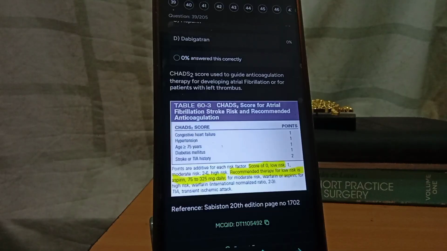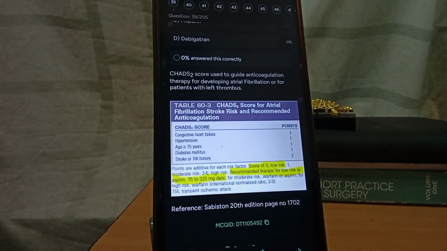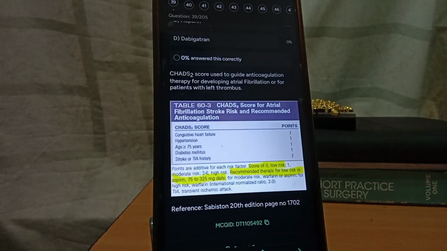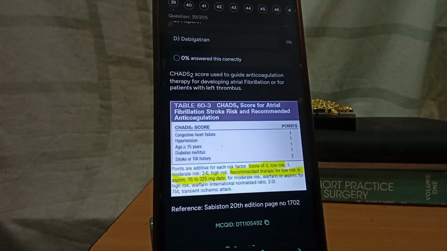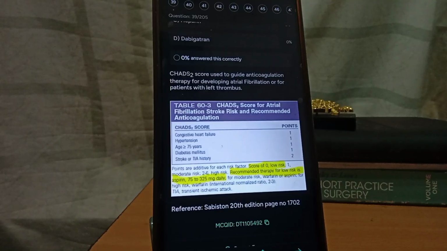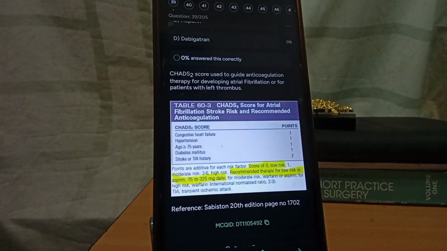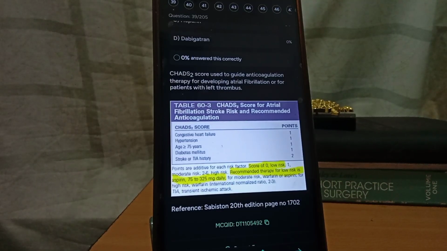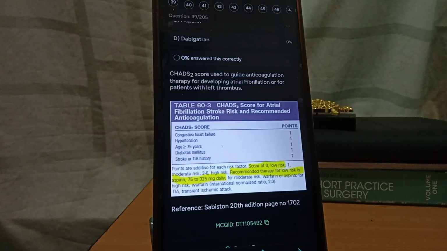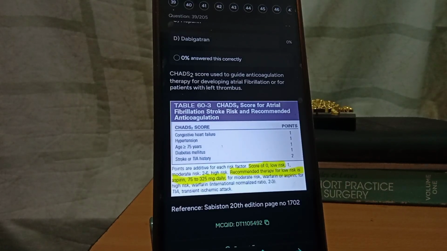So if the patient is having congestive heart failure with hypertension, with diabetes mellitus, with age more than 75, and with previous history of stroke, and if the patient is low risk like 1, then the patient should get aspirin. For moderate risk like 2 to 6, then warfarin or aspirin, and for high risk, warfarin is the drug of choice.